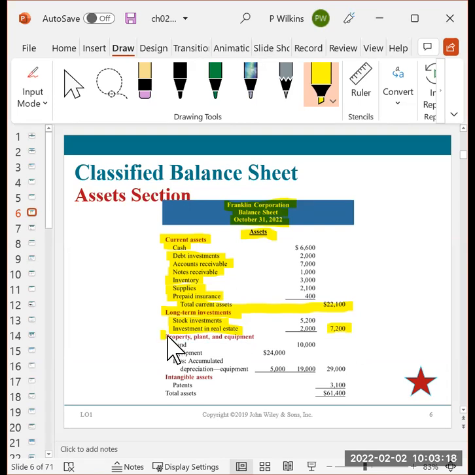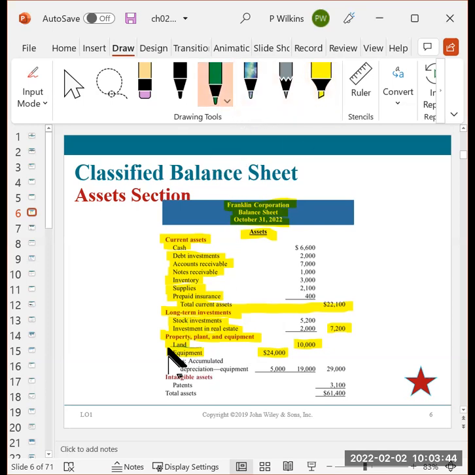The next section is going to be the PPE, or the property, plant, and equipment. So we're going to list land first. Then you're going to list equipment. And with equipment, there is always a connected account in the classified balance sheet, called less accumulated depreciation, equipment. So those two are always going to go together.